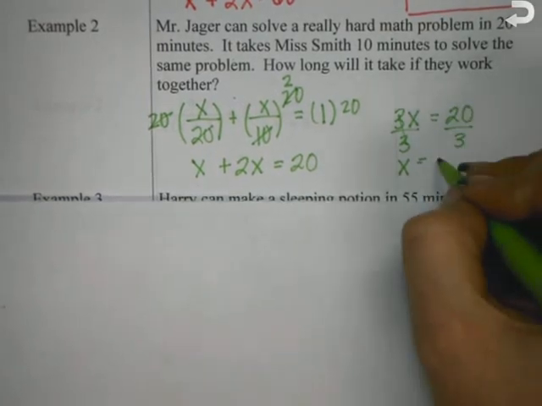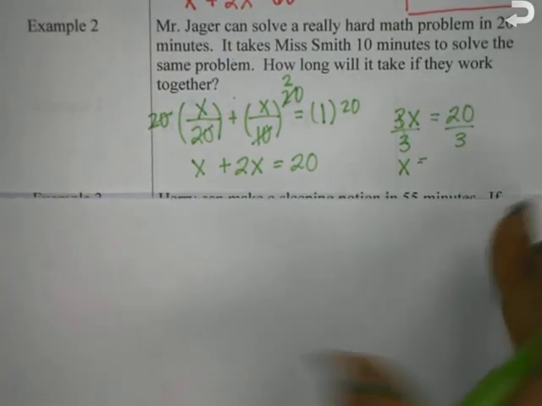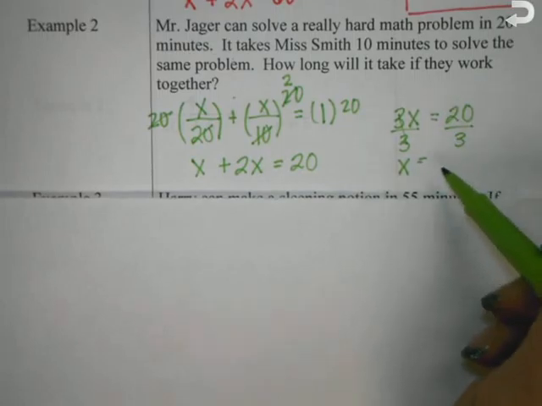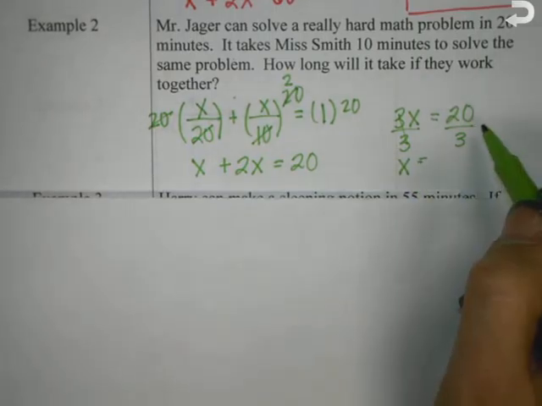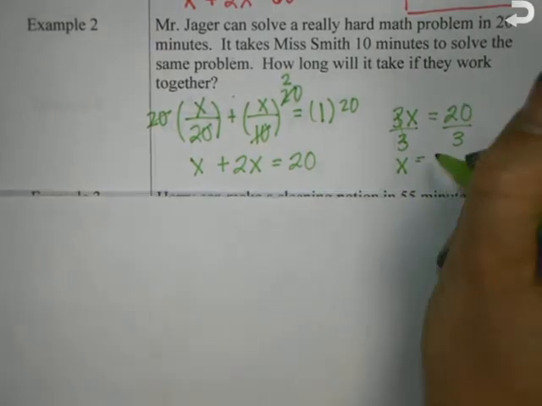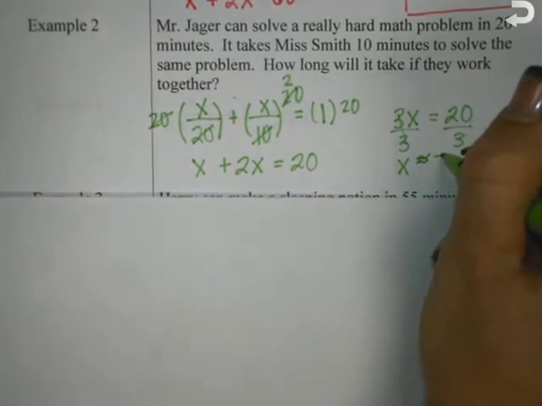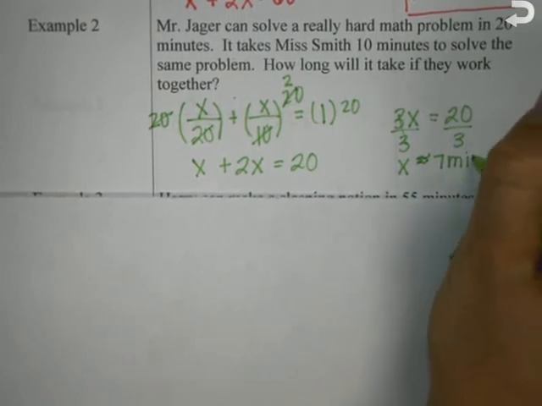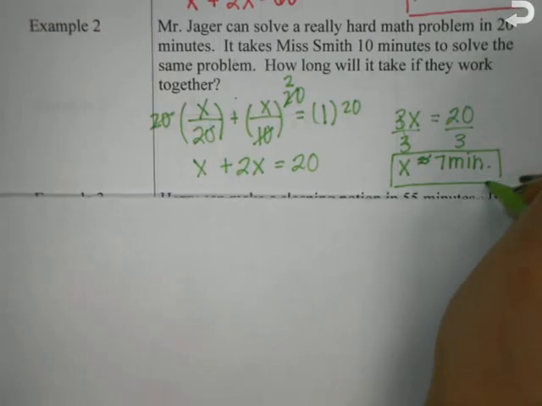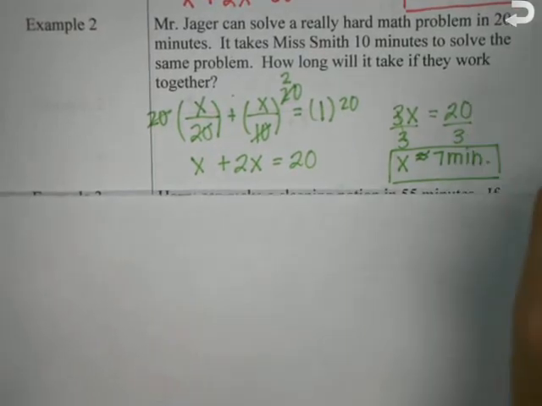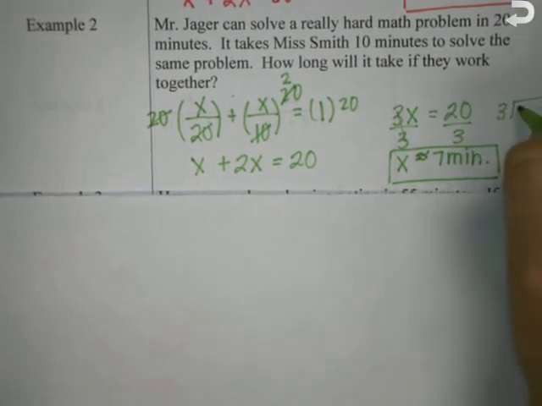Okay, in these problems you might get this. So what you would do is you would round to the nearest minute. So what would that be? About 7 minutes. Okay. 3 goes into 20 6 times, 2.